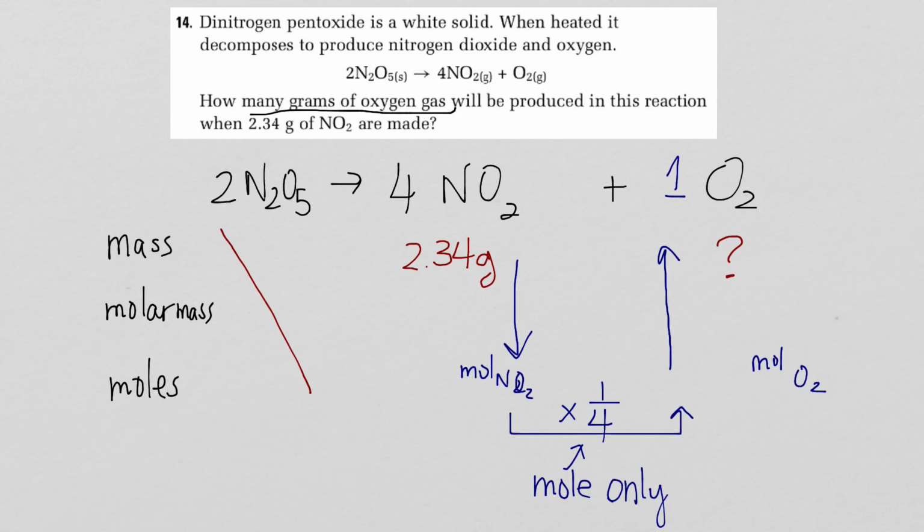How do I convert mass to moles? You divide by the molar mass. And the molar mass of NO2 is 46 grams per mole. So notice that everything I do in this column is about NO2, and NO2 only.